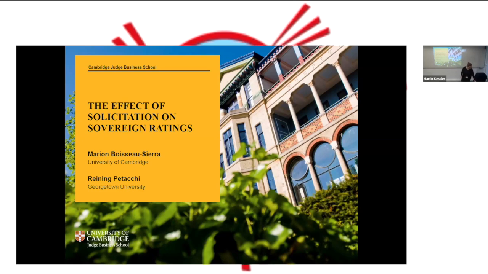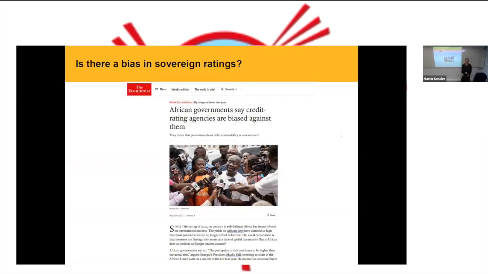We all know that credit rating agencies are a key player in the sovereign markets, both in the foreign currency market and in the local currency markets. They help with the asymmetry of information, but they are also very criticized.